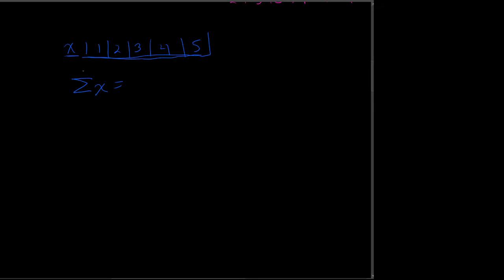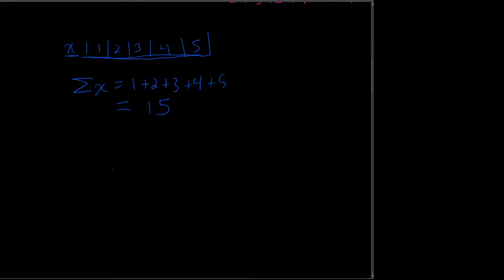The sum says I look at what's in my variable, and I add the first one to the second one, plus the third one, plus the fourth one, plus the fifth one, and I get 6, 10, 15. Because 1 plus 2 is 3, 3 plus 3 is 6, 10, 15.